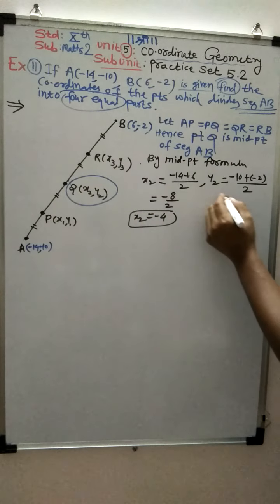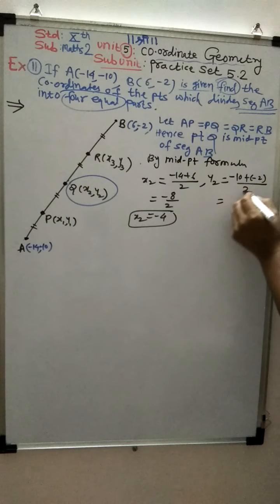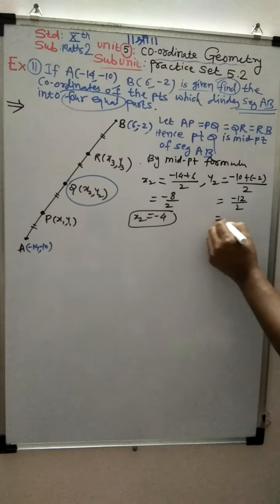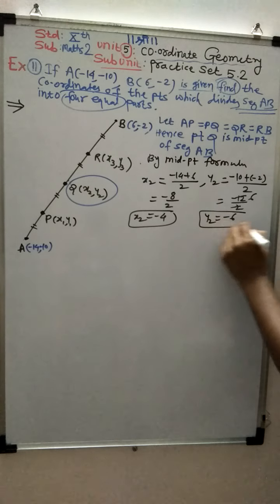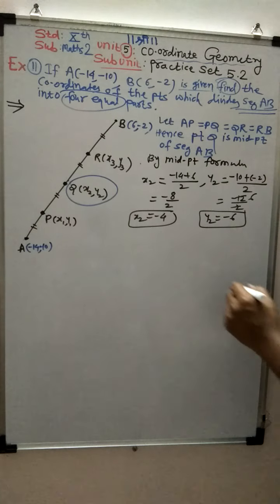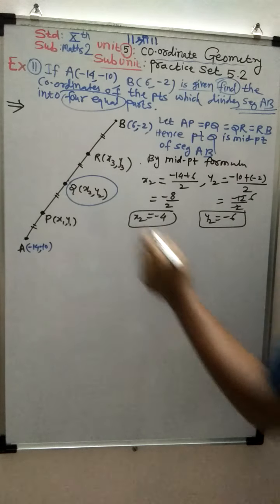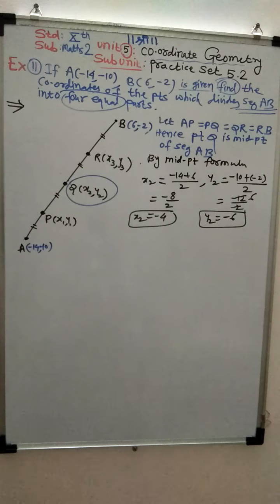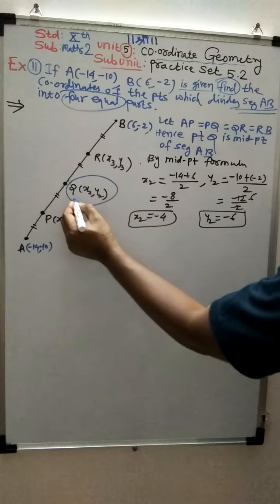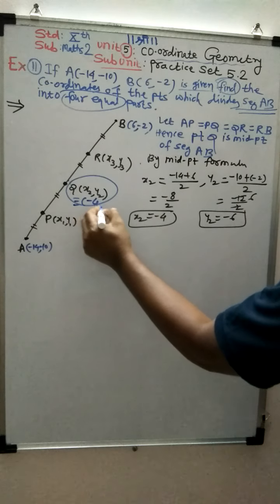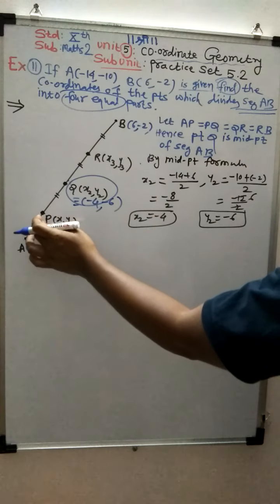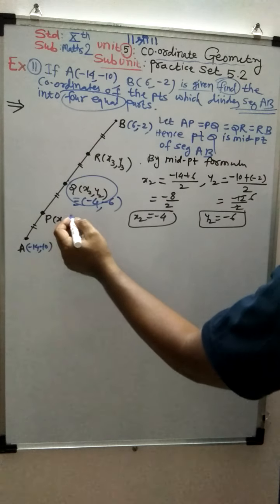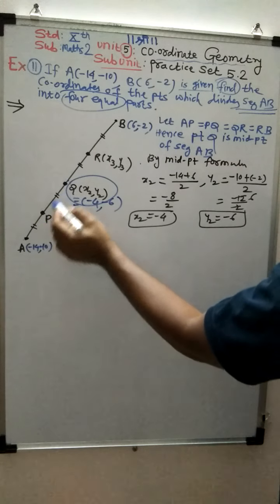This is the x coordinate. The y coordinate: -10 - 2 means -12 divided by 2, that is -6. The y coordinate is -6. So the coordinates of Q are, we write down here, (-4, -6).